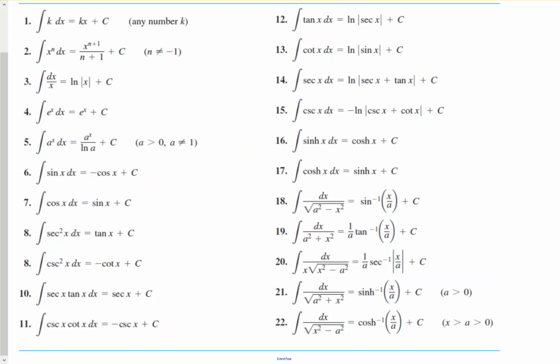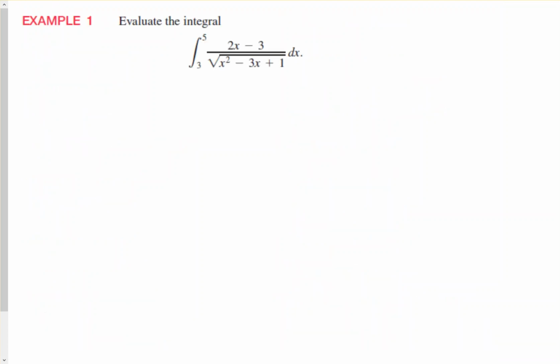So we have all these common integrals. So this section should be more or less like a review of some common integration techniques. Okay, so let's take a look at the first one.